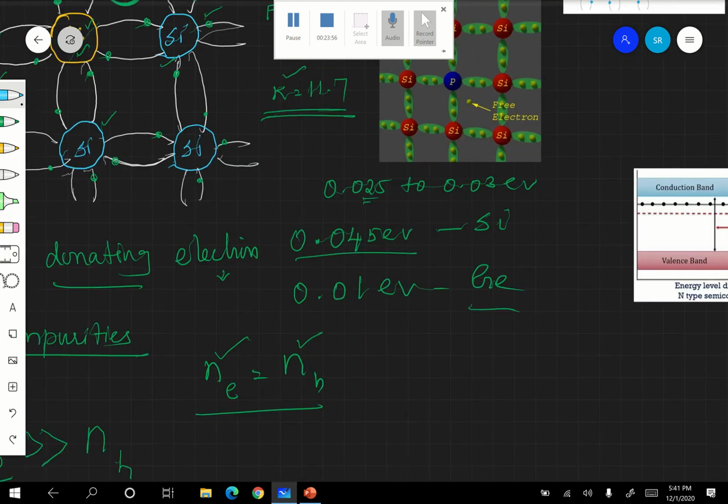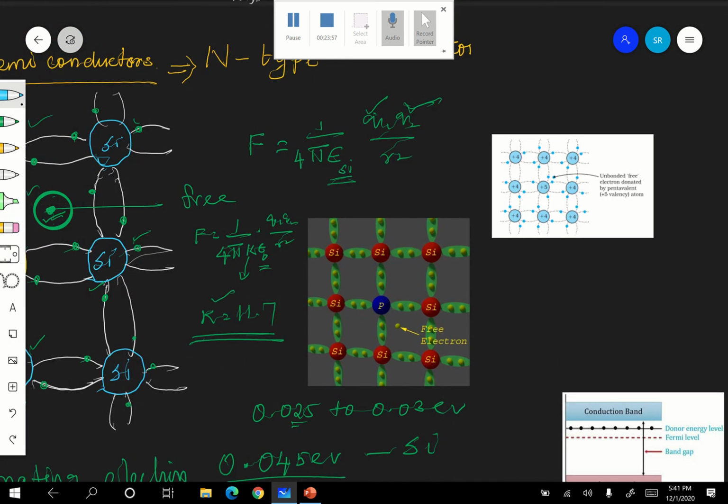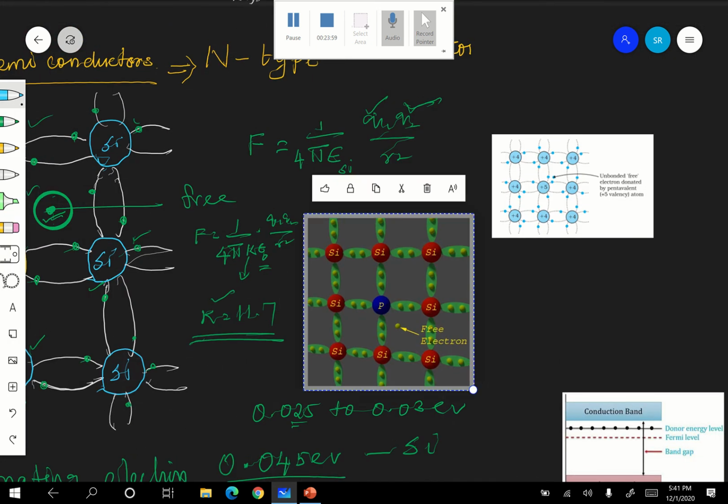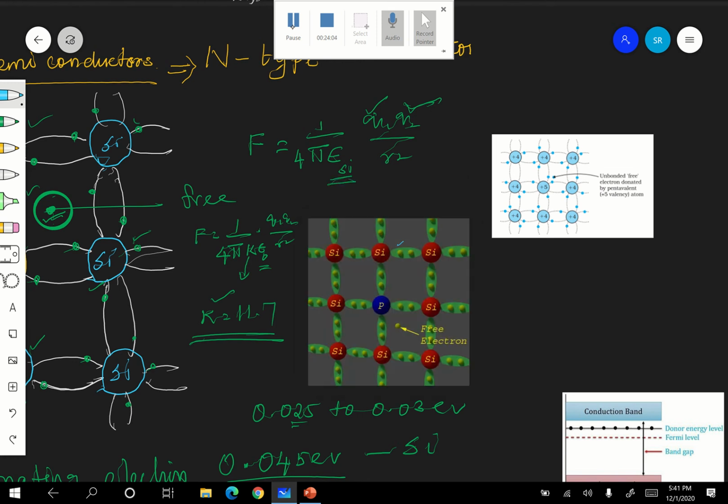You see here, I want to highlight this. In the bond, each is formed by two electrons like that. These are all electrons. This is phosphorus; here I have taken arsenic. Four electrons are engaged in forming the bonds, but one electron here is a free electron.